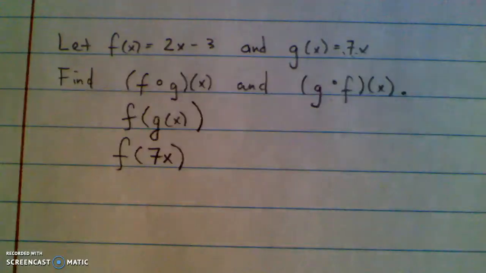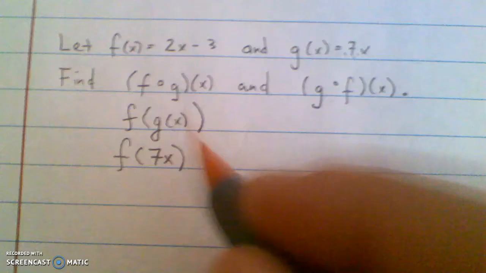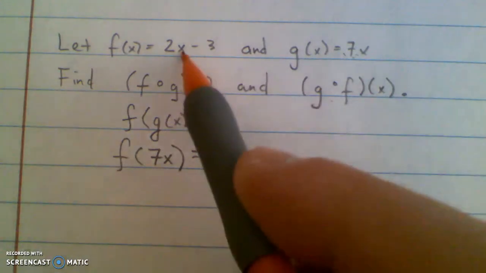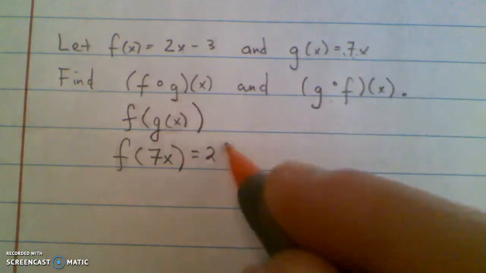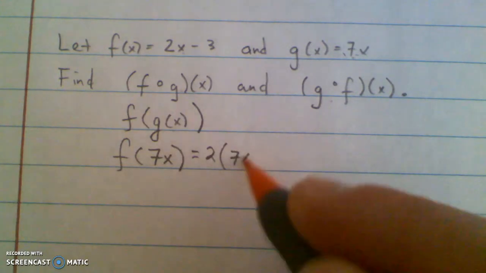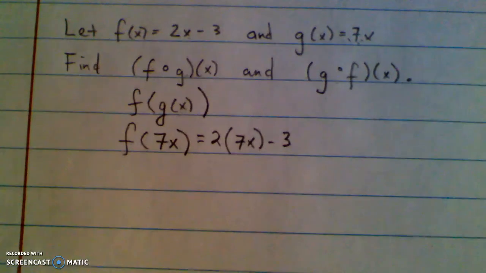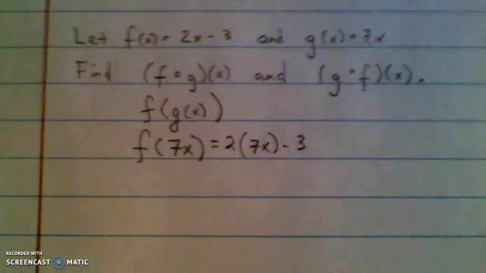So really we're finding f of 7x, which means to do what, Stacy? Replace x with 7x. So 2 times not x but 7x minus 3. Unlike our first example, can we simplify?